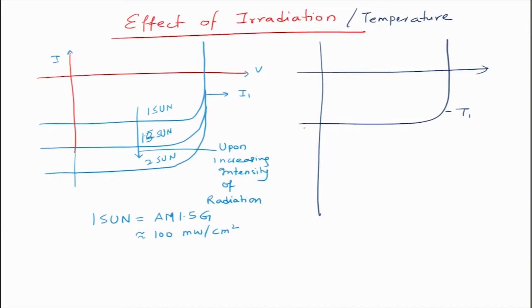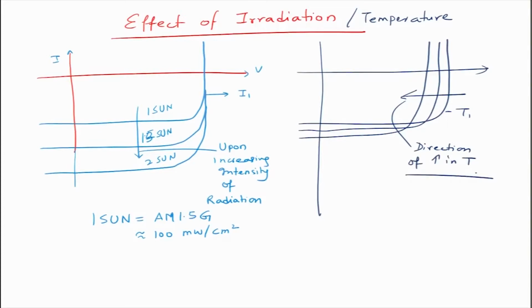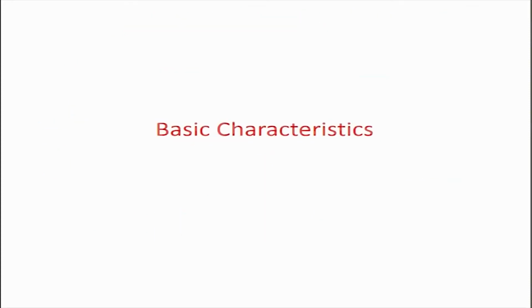So, high temperature will result in a reduction in the VOC, generally like this. This is the direction of increase in temperature. This is how IV will change as a function of temperature, because you will be able to thermally excite a few more carriers as you increase the temperature. So, the current will see some increase, but it also leads to a change in the voltage, as we will see later on in the expression. This is what we discussed.